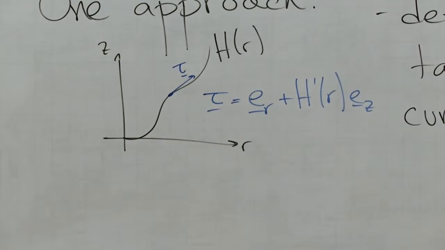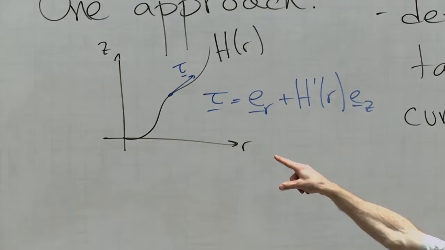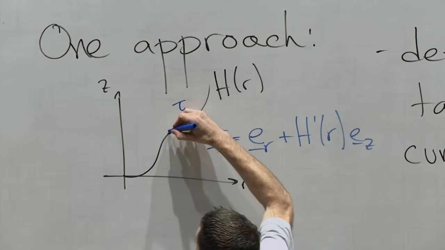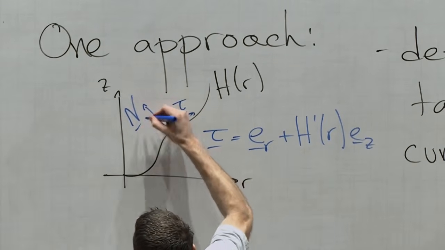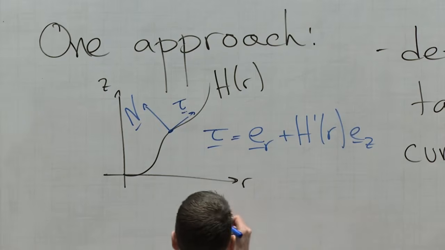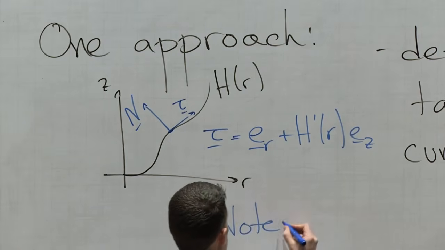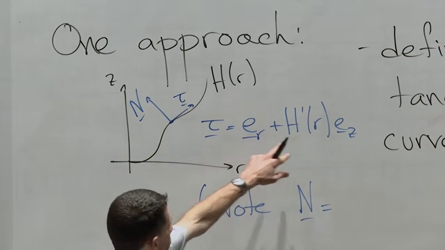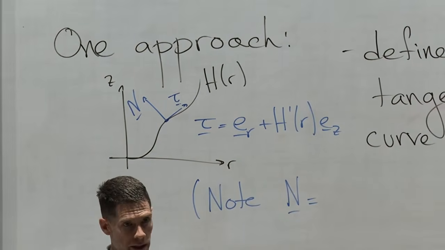And actually, we can work out exactly what n is in that picture too, or at least the direction of n. I don't know its magnitude, but I know that n is pointing that way because the other component would be into the board, which is the e theta. Think of tau as the vector (1, h prime) in er, ez components.